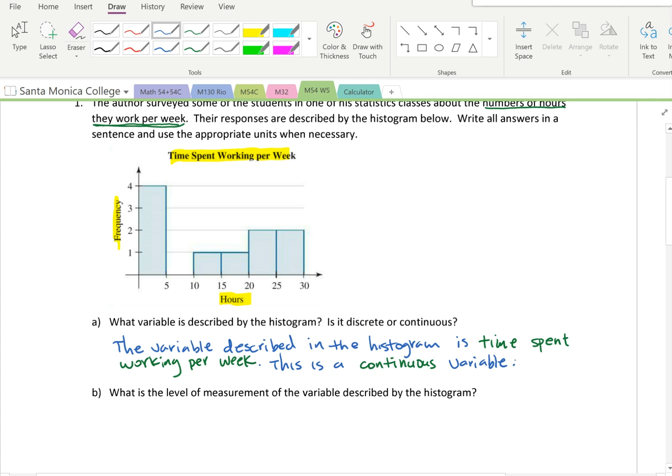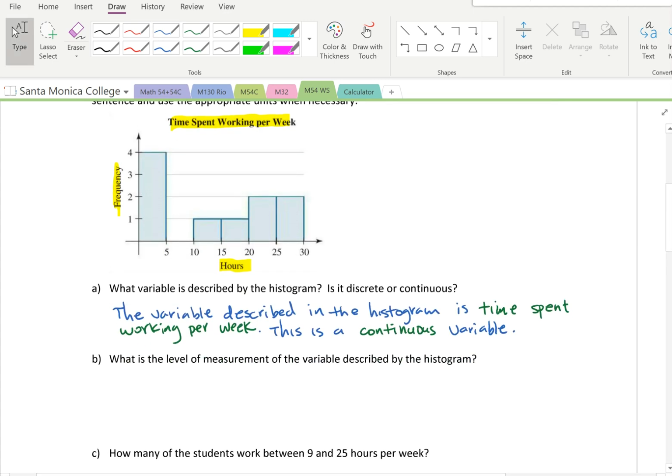Part B. What is the level of measurement of the variable described by the histogram? Think about it: for a continuous variable, there are two levels of measurement. One is ratio, one is interval. For ratio, it means that when I do division, it makes sense. For interval, division doesn't really make sense. So for example, I have a student who works maybe 8 hours, and another student who works 4 hours.